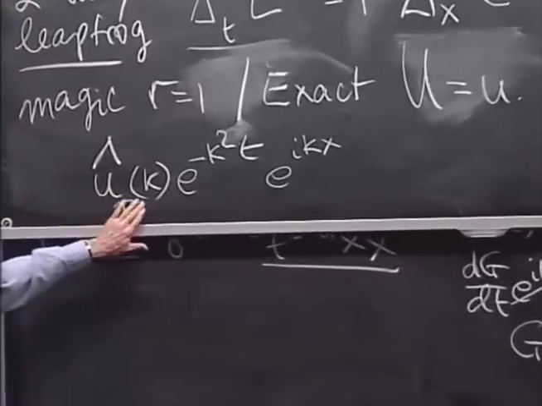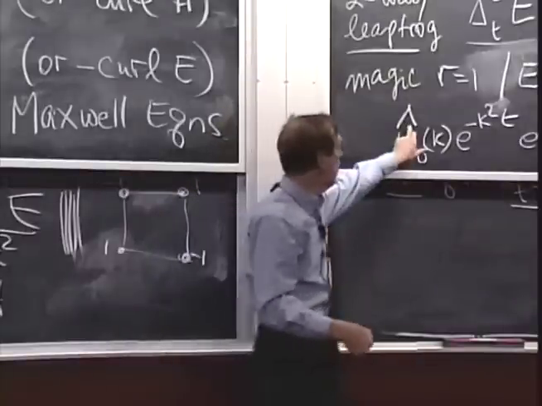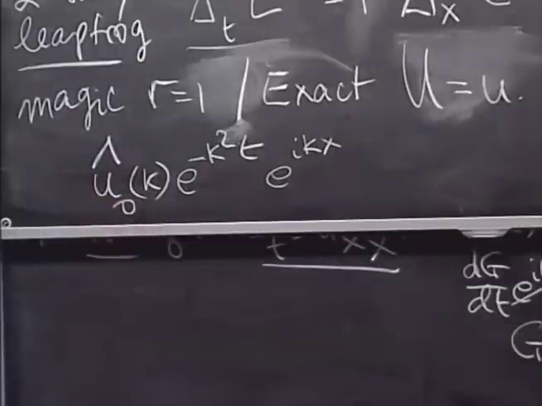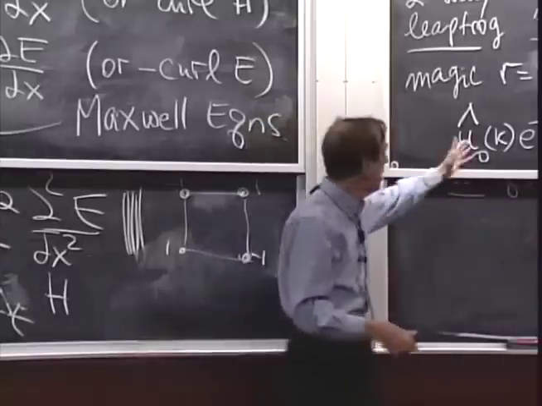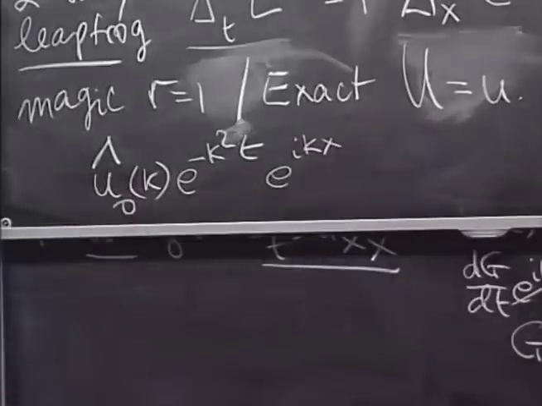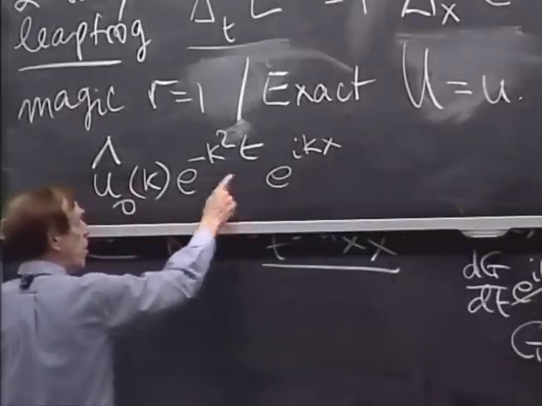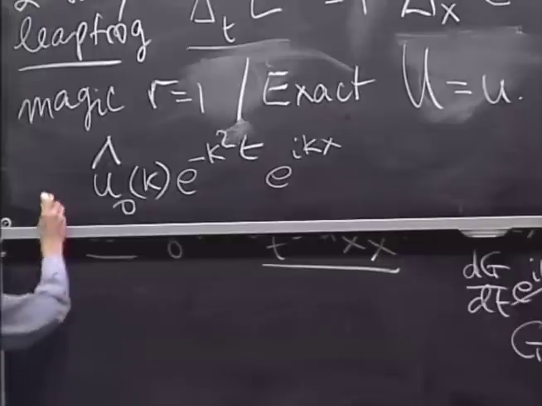So here's the initial condition, u0, and I've taken its Fourier transform. This tells me how much of frequency k is in the initial problem. That amount multiplies this with this rapid decay as time goes forward. But at any later time, I'm just adding up.